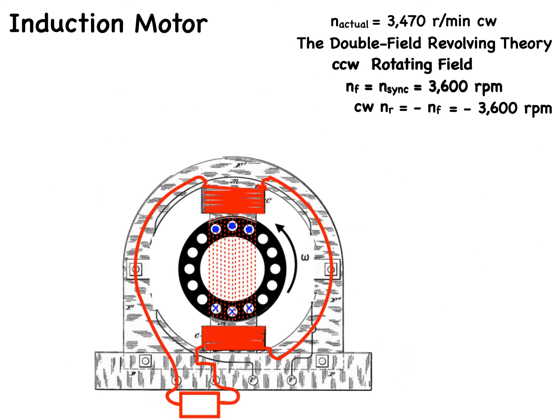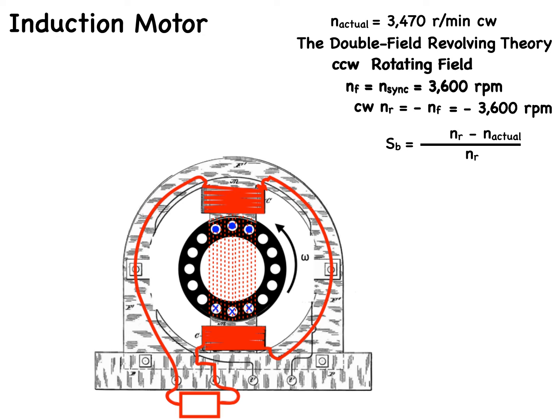We define this backward rotating phasor slip as we did with the forward slip, with the equation SB is equal to the clockwise rotating phasor speed nr minus the speed of the rotor n actual. Then we divide that again by the clockwise rotating phasor speed nr.